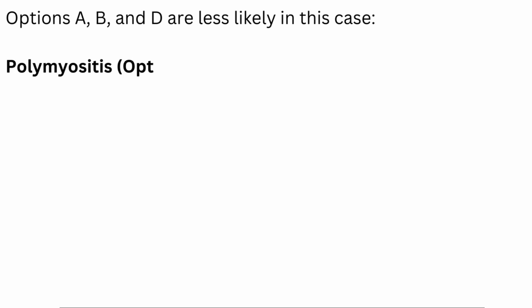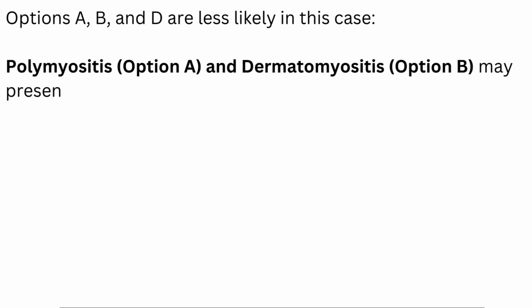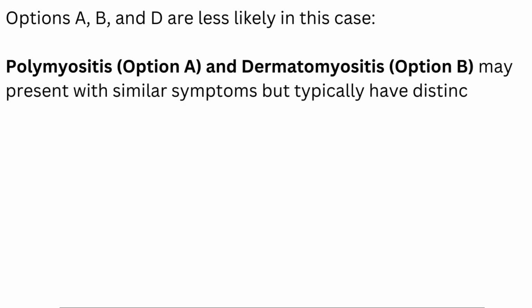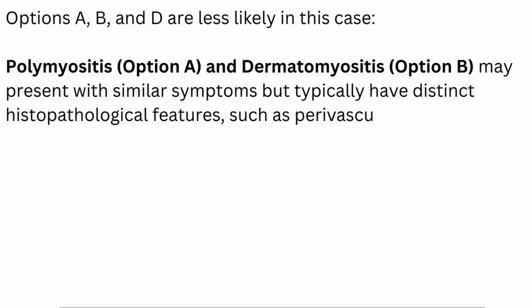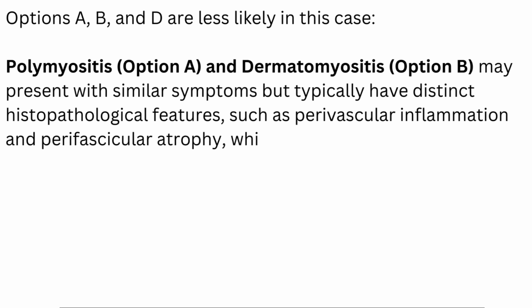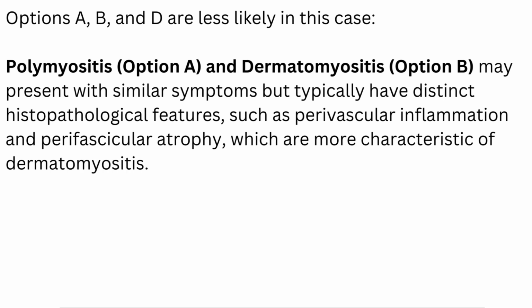Options A, B, and D are less likely in this case. Polymyositis, option A, and dermatomyositis, option B, may present with similar symptoms but typically have distinct histopathological features, such as perivascular inflammation and perifascicular atrophy, which are more characteristic of dermatomyositis.